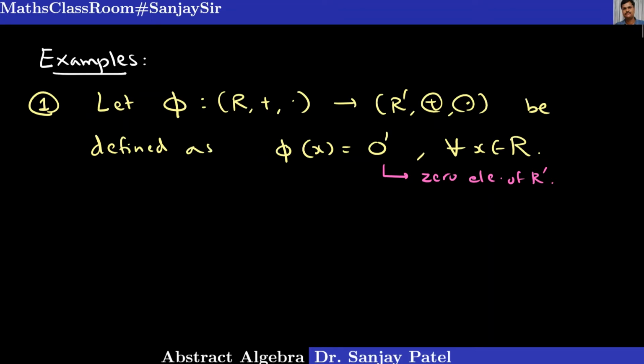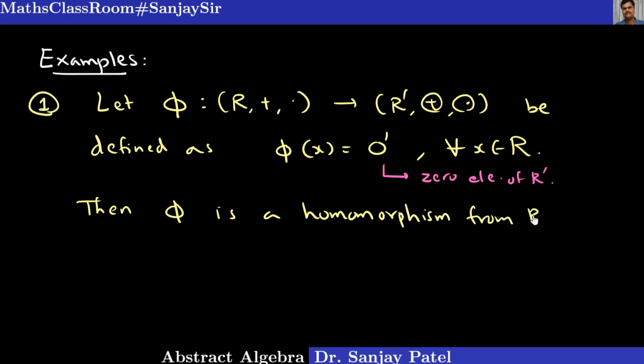Then prove that this function φ is a homomorphism from R to R'. This homomorphism is known as the zero homomorphism.